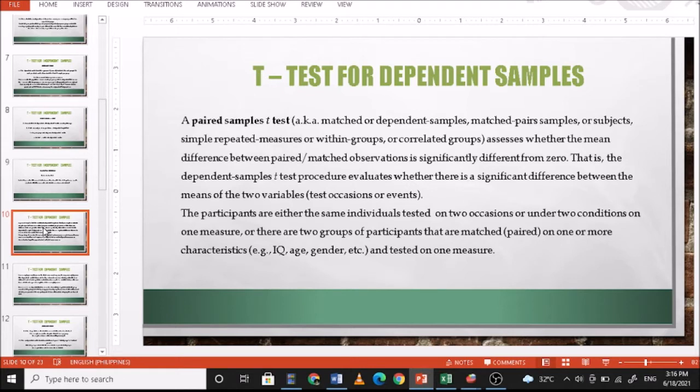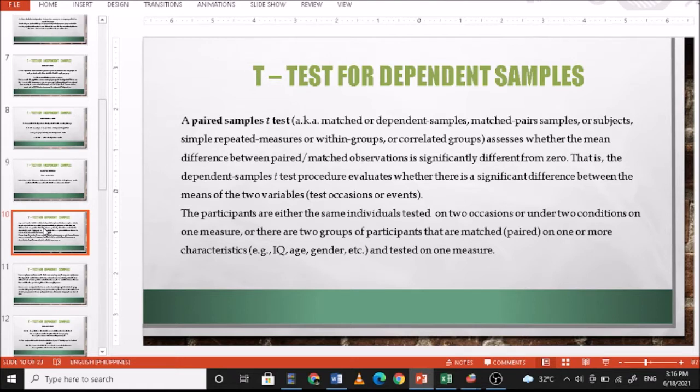That is, the dependent sample t-test procedure evaluates whether there is a significant difference between the means of the two variables, test occasions, or events. The participants are either the same individuals tested on 2 occasions or under 2 conditions on 1 measure, or there are 2 groups of participants that are matched on 1 or more characteristics, for example age, gender, IQ, etc., and tested on 1 measure.